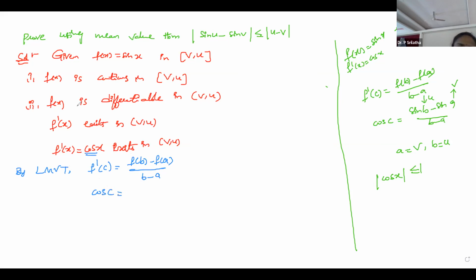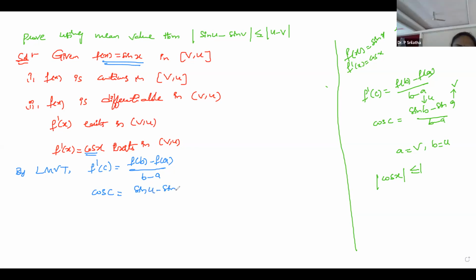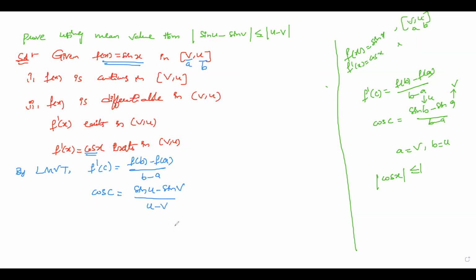So cos c equals sin u minus sin v divided by u minus v, because here a is v and b is u, and f of x is sin x.